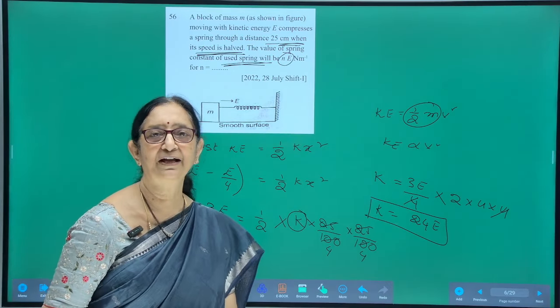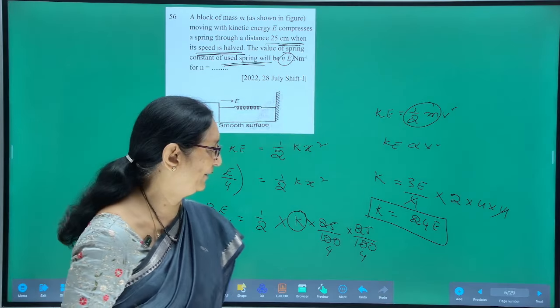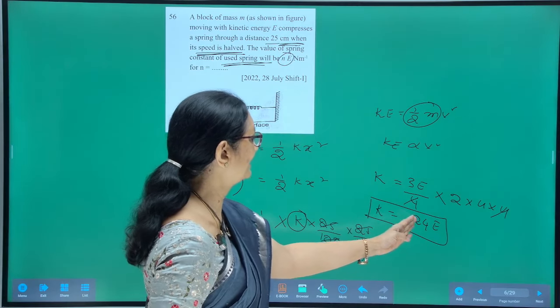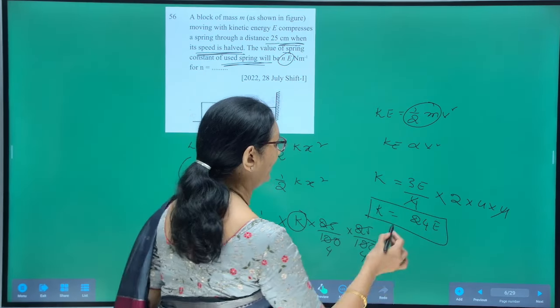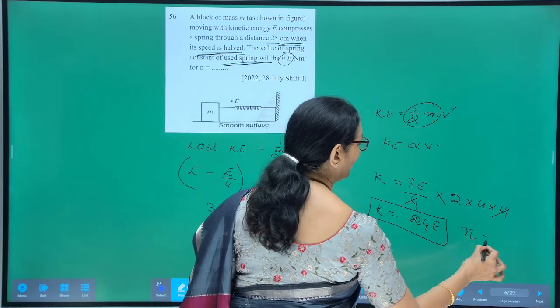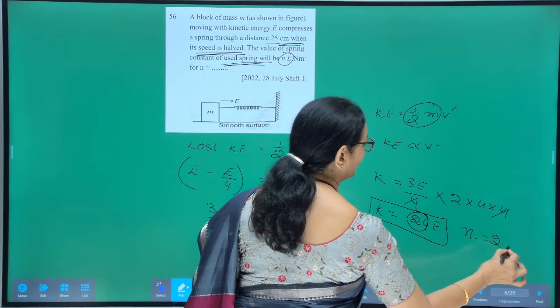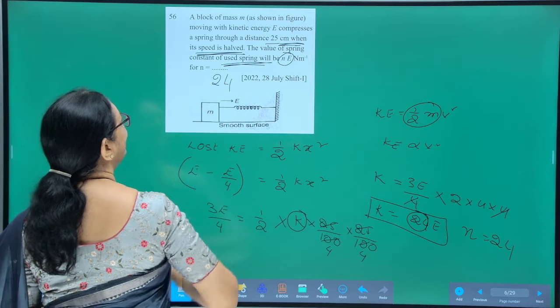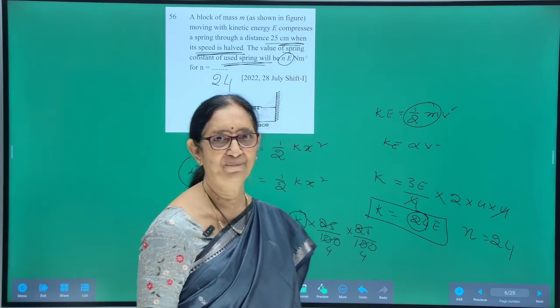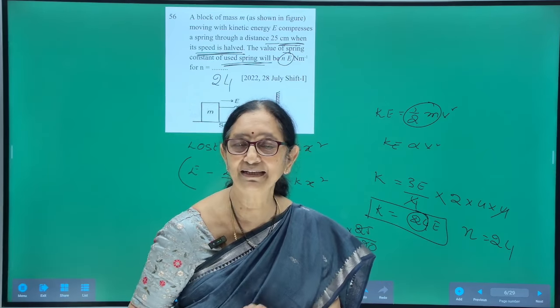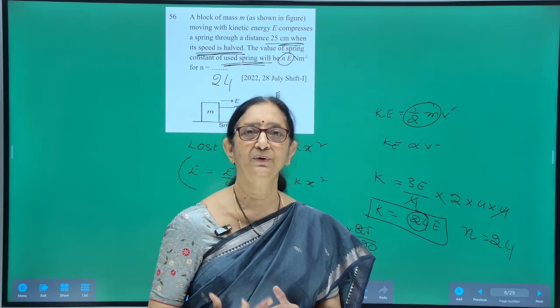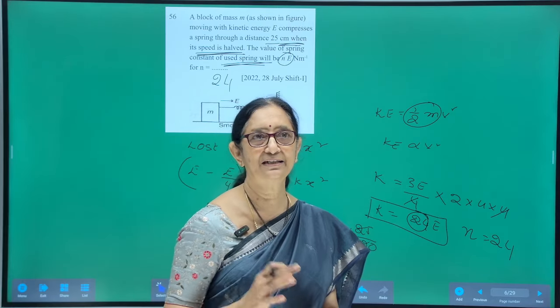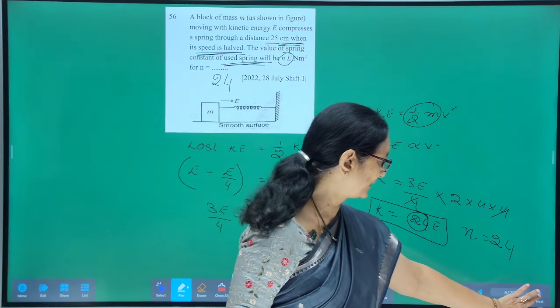You are supposed to find the numerical value of small n. On comparison, k is given as nE, so in place of n we got 24. So the answer for that problem is that the value of n here is 24. Lost kinetic energy is equal to the gain in potential energy when the spring is compressed.